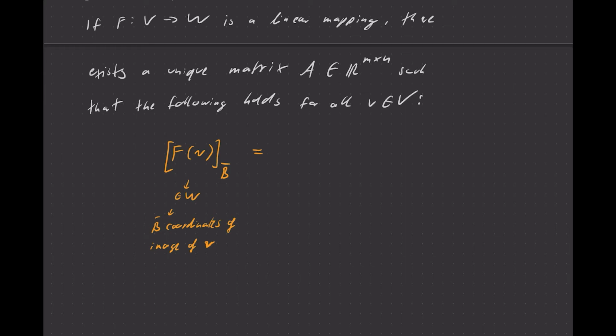And the statement is the coordinate vector of this image is equal to A times the vector V, or better, the coordinate vector of V, this time in B coordinates. So V is, of course, in capital V. So these are the B coordinates of the vector V.